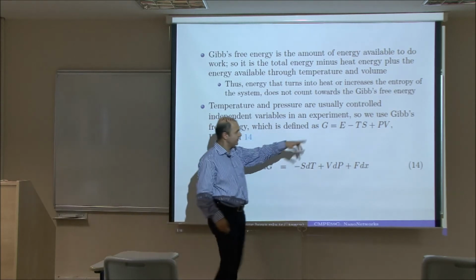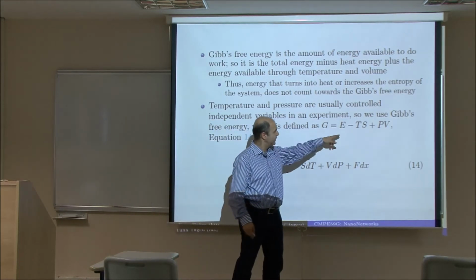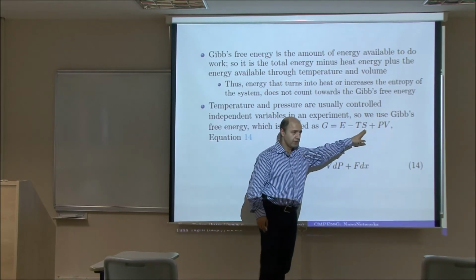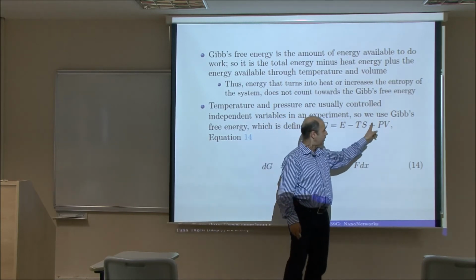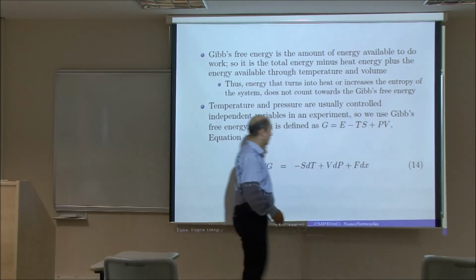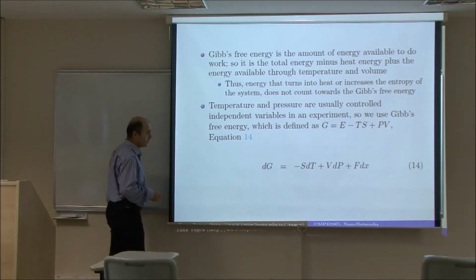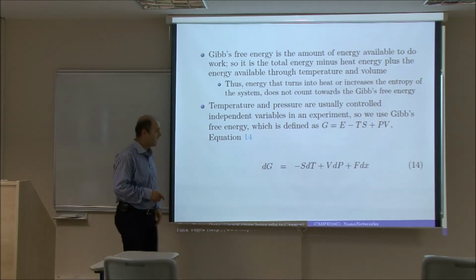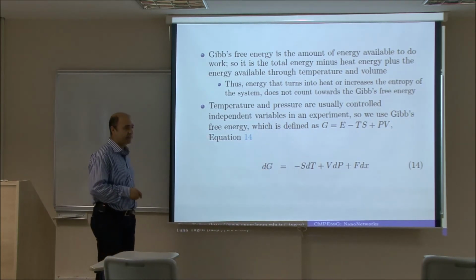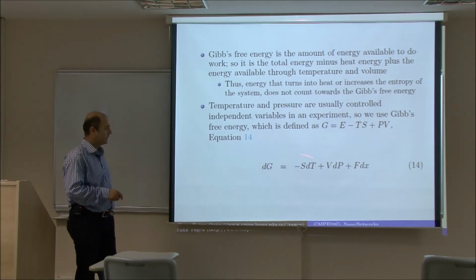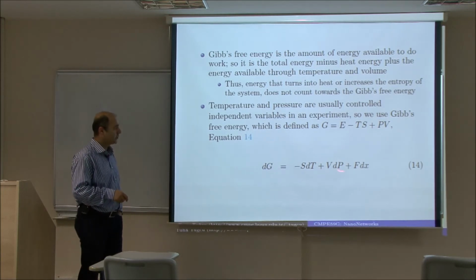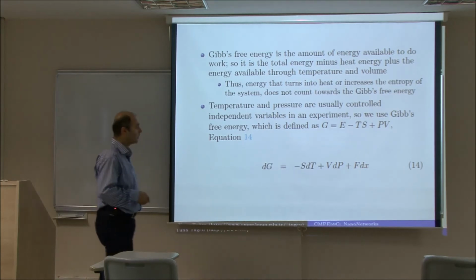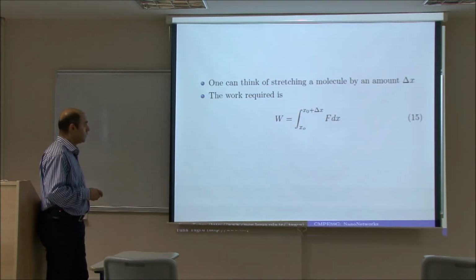as defined here. Gibbs free energy is the energy minus temperature times entropy, as we did before, plus pressure times volume. So now we can talk about delta G as minus entropy times change in temperature, plus volume times change in pressure, and as we said, force times the distance.